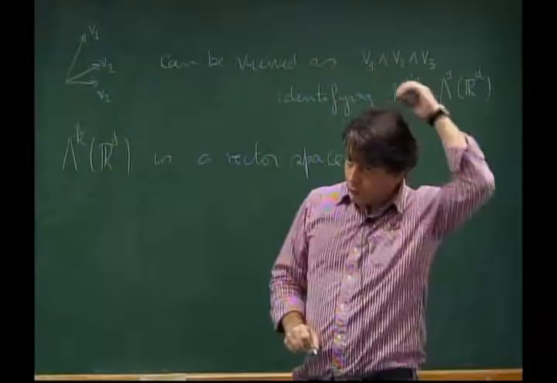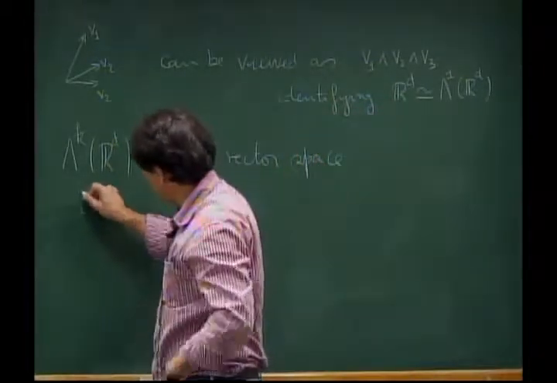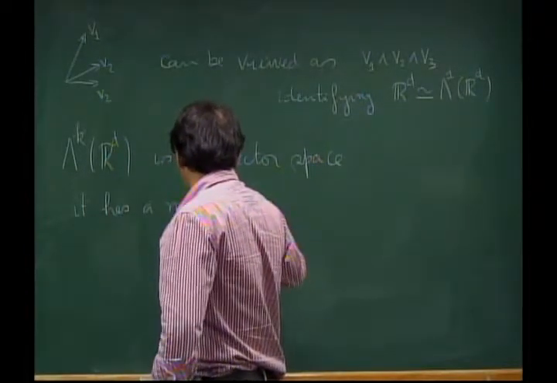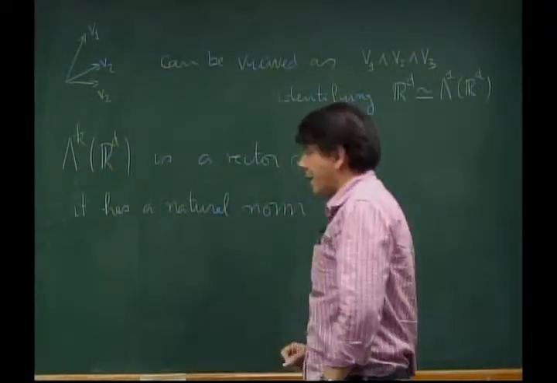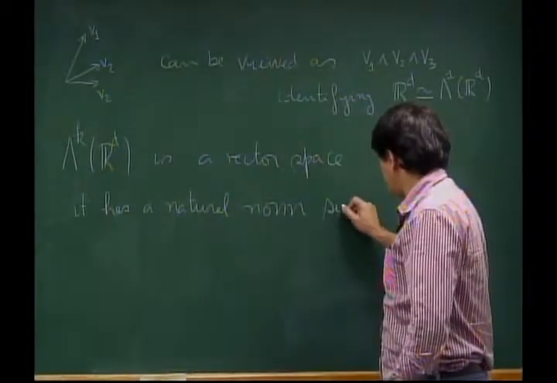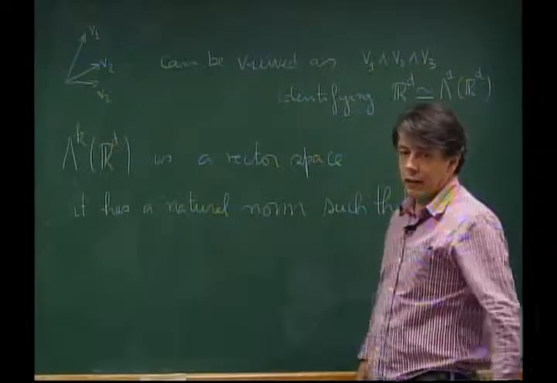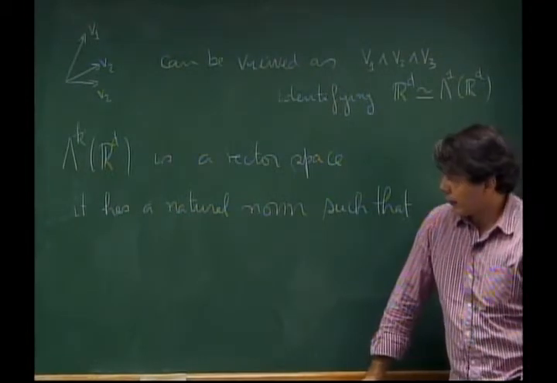Now, lambda k Rd is a vector space, and it's possible to give it a natural norm. There is an elegant definition of the norm, an elegant formula, but I'm not going to write it.